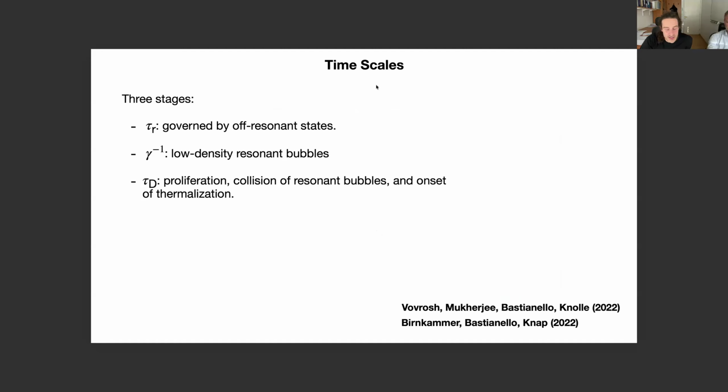One remark about the dynamics: intuitively, what happens is that the dynamics goes along three stages, okay? You have some short time dynamics, which is governed by off-resonance states. Then you have a low density production of resonant bubbles, which happens at the time scale given by the decay rate. But after a while, these bubbles start to interact and you have a secondary process.